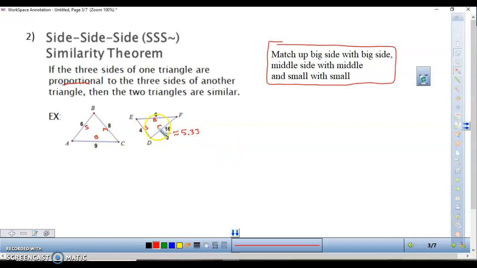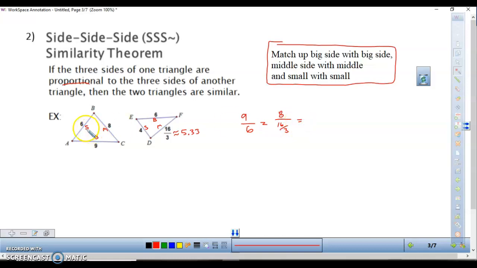The reason I want to establish that is because when I determine if they're proportional, or in the same ratio, I'm going to put the bigs together, the middles together, the smalls together. Let's check it out. The big over here is 9. The big over here is 6. Does that equal the middle over here, 8, and the middle over here, 16/3?